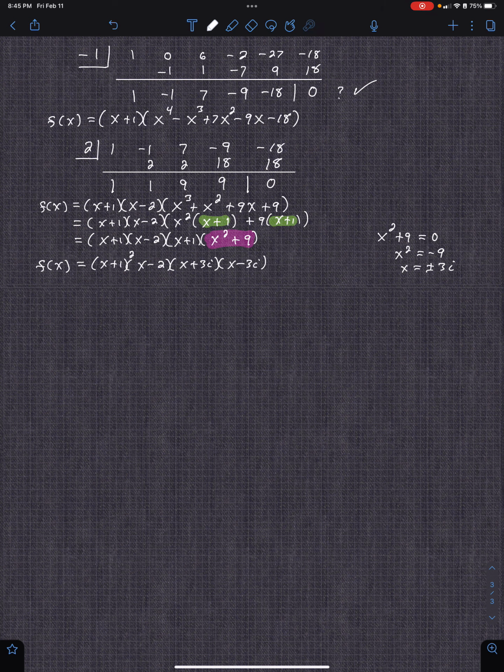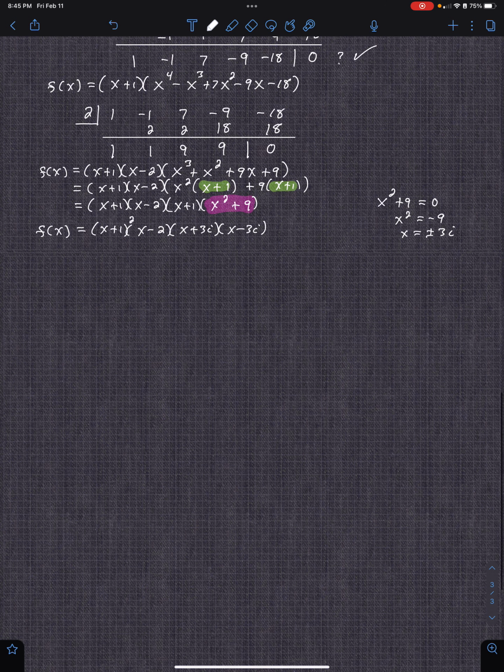And so those will not show up on the graph, when you graph it in the real number plane, the real plane, it doesn't show up. So let's write down the roots. So the roots are -1 with multiplicity 2, 2 with multiplicity 1, and that's it. You don't write down the other ones.